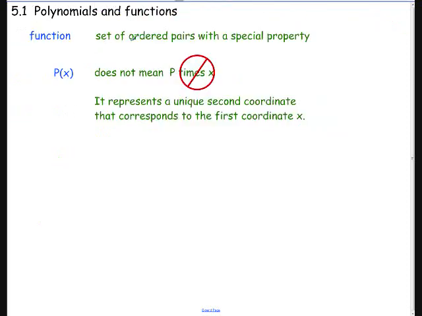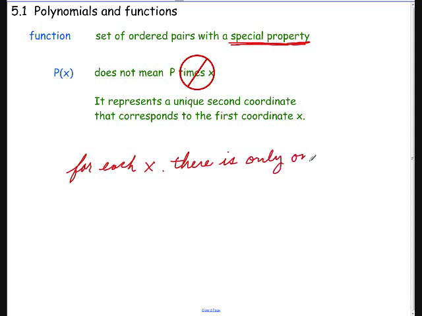Talk about functions. The definition of a function is a set of ordered pairs with a special property. Now, the special property that defines it is that for each x, for each input, there is only one value of y.